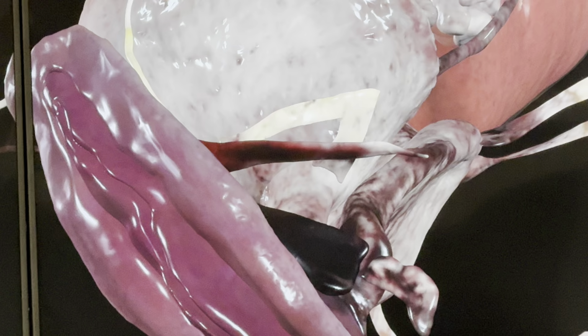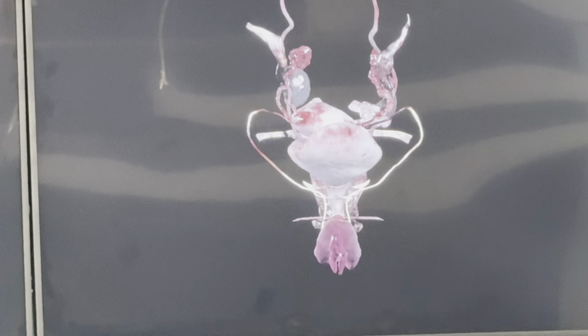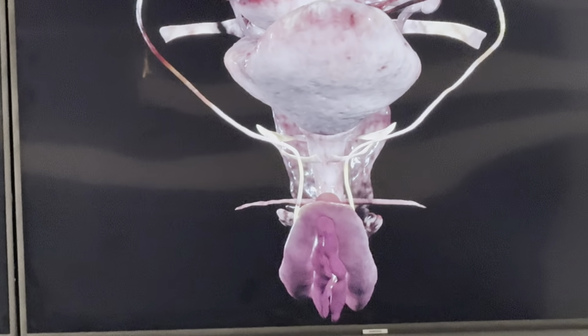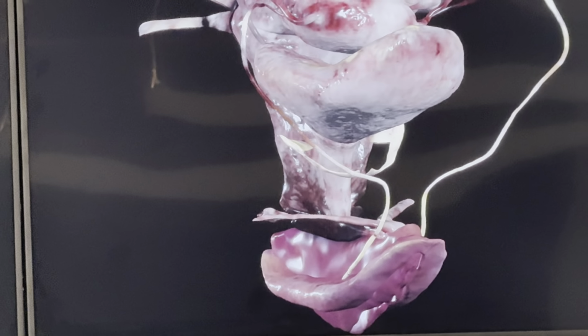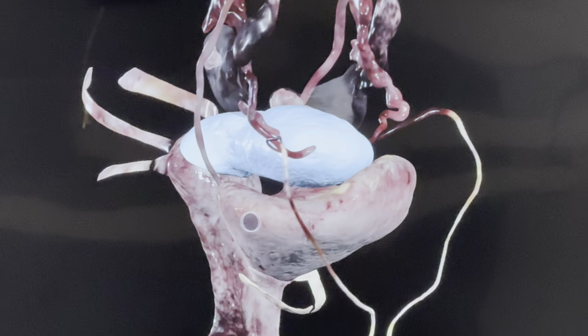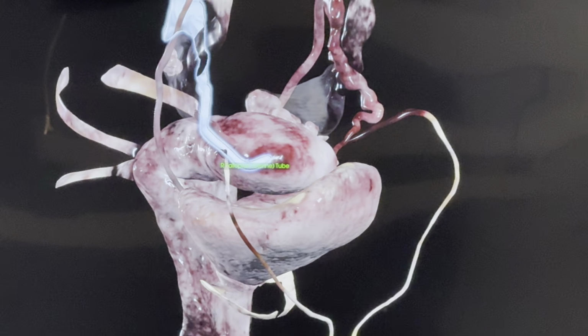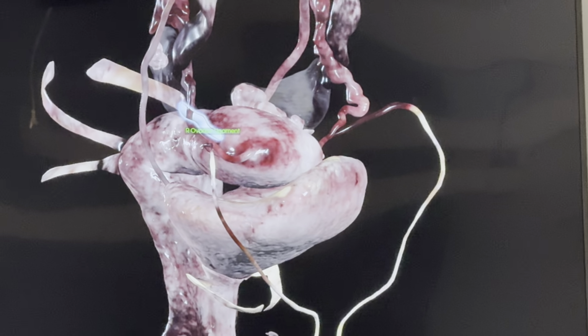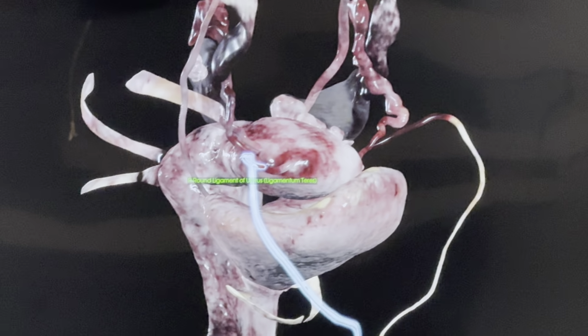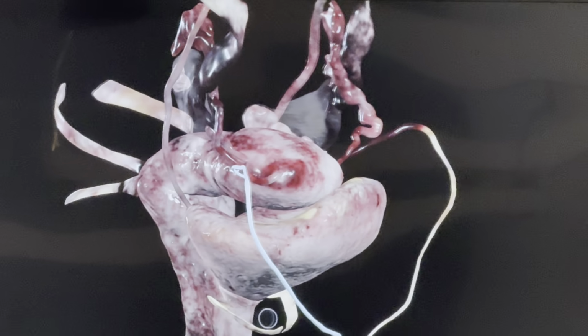Let me just reset my angles. Okay, so here's the uterus. Your fallopian tube goes in, the ovarian ligament attaches the ovary to it, and the round ligament goes to the labia majora for some reason. I don't even know why.